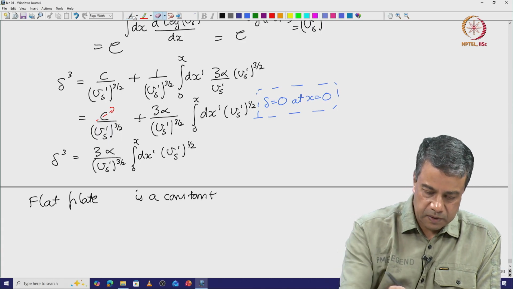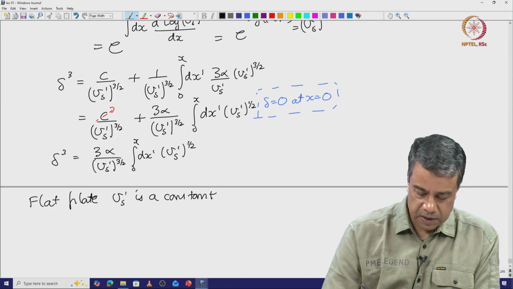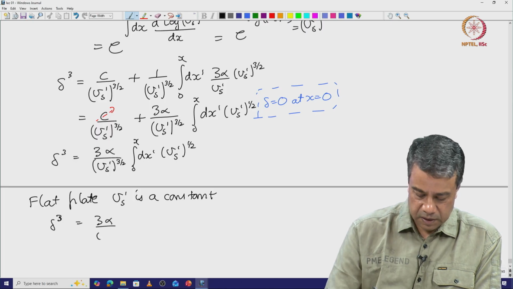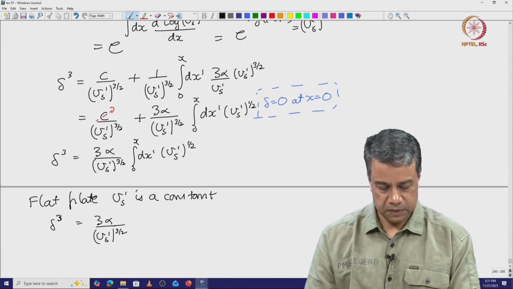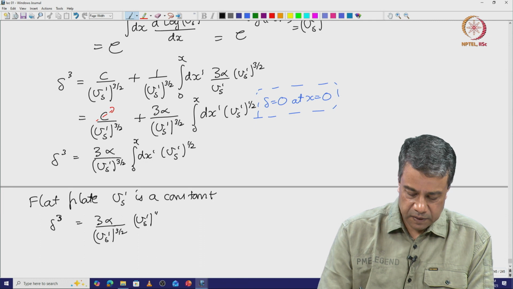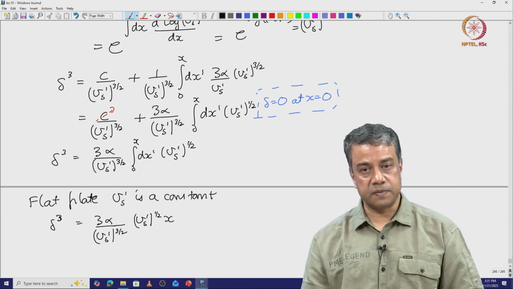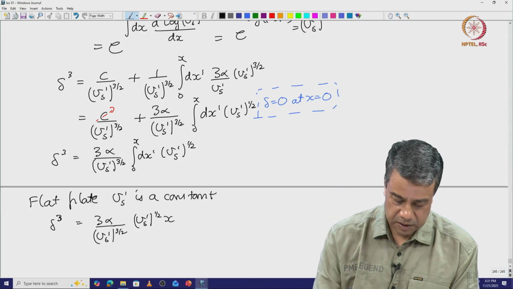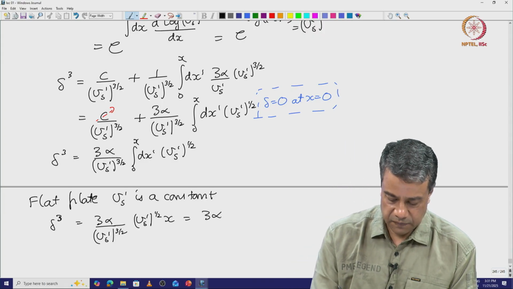Therefore, delta cubed is equal to 3 alpha by V s prime whole power 3 by 2 into V s prime to the half times x, because V s prime is a constant, which is equal to 3 alpha x by V s prime.